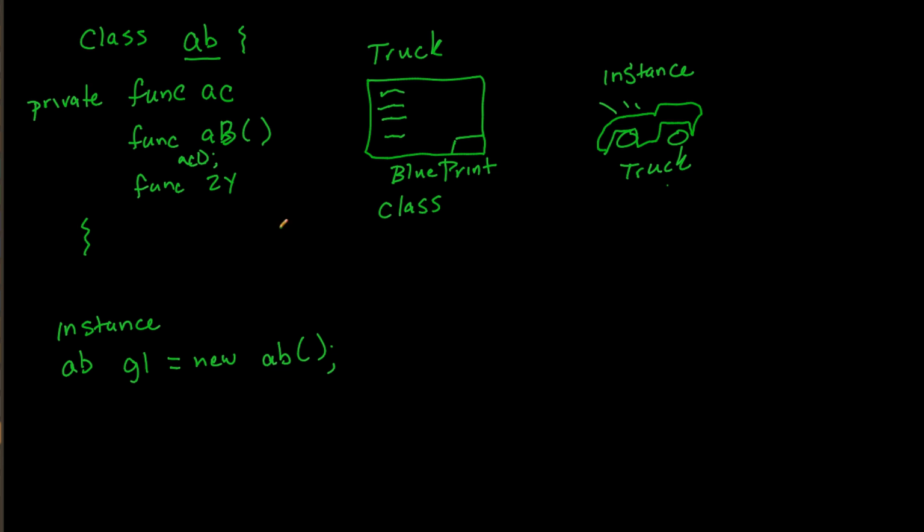Now, there's also a concept of this or self, depending on the programming language that you're using. When you're writing these functions, if you need that function to operate on the instance of the class that got created, think about it this way: when you're writing the code, you're writing the blueprint.